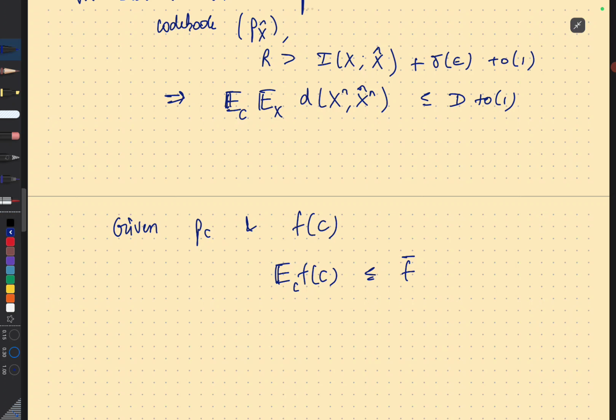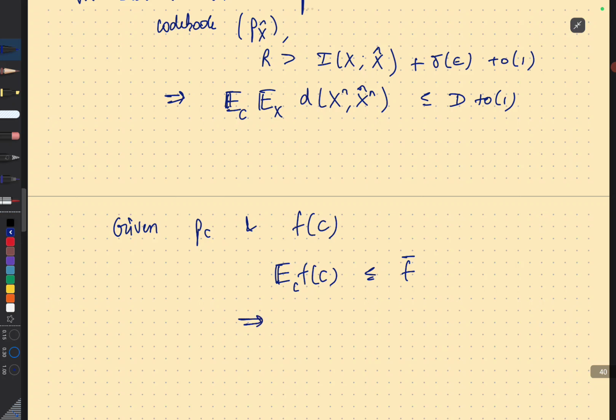So I'm looking at a very abstract setting where I have some random variable c, a function of this random variable f of c, and somehow I am able to show that the expectation of f of c is less than or equal to f bar.